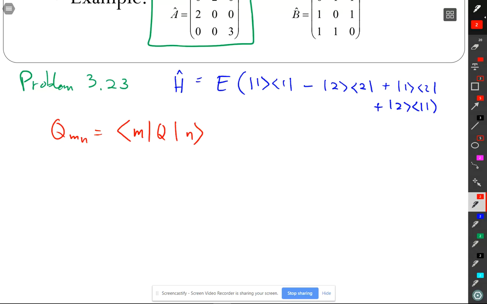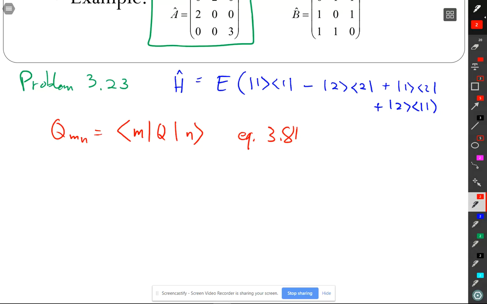Equation 3.81 says <E_m|Q|E_n> is defined as Q_mn. So Q_mn are the values in the matrix if we write the Hamiltonian as a matrix.